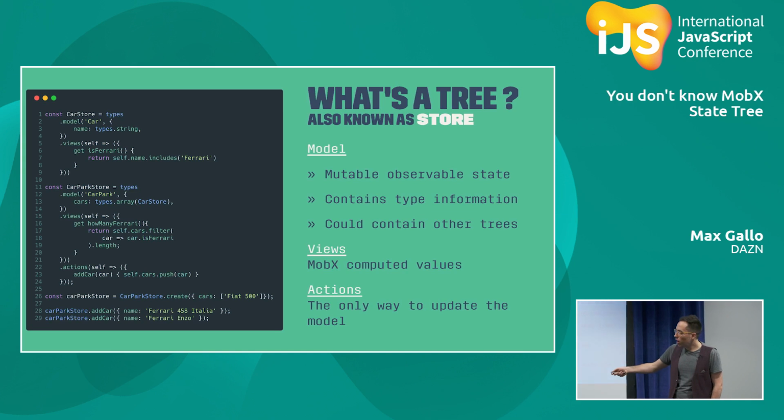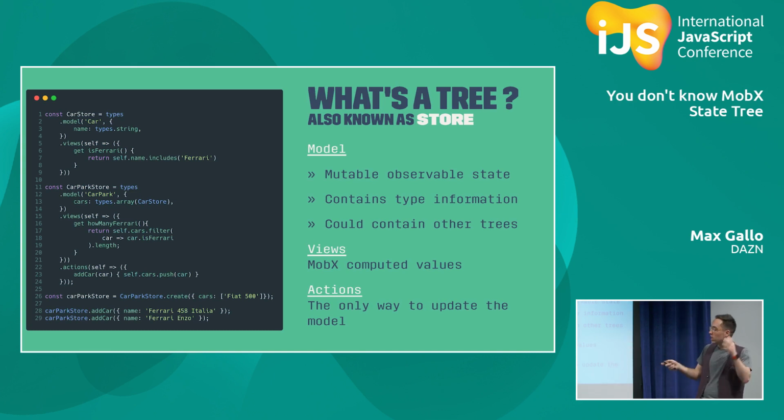And bear in mind that here I'm passing an object to add car, and that add car is not making any assumption yet about what I'm passing, because here I'm still pushing to an array. But what's going on behind the scenes is that since this is an array of cars, I can't really pass anything to add car.